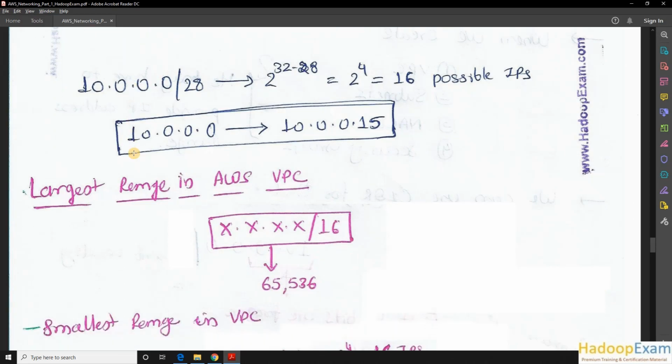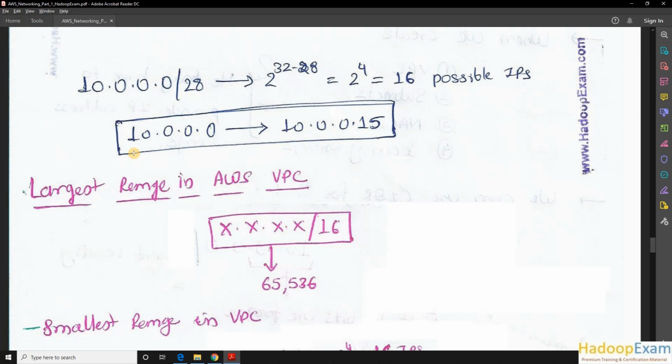Now you need to remember, Virtual Private Cloud, which we are going to discuss in more detail later on, is a logically separated private network in AWS. This network you can create with the maximum possible IP range /16.